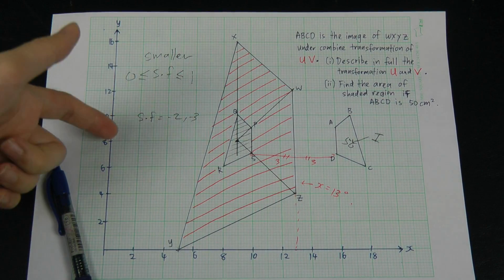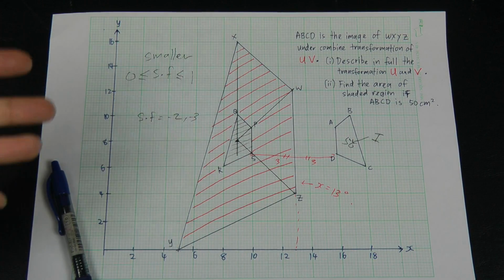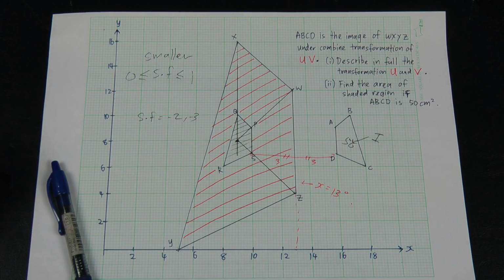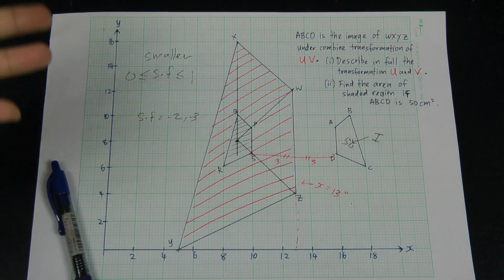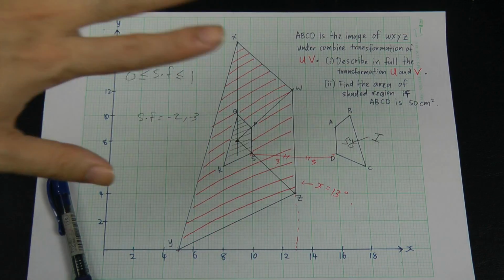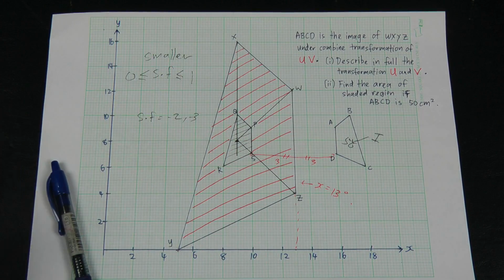If you got the skew factor -2 or -3, it doesn't mean the image becomes smaller. It just means it's enlarged, but then the object will reflect, I mean in the opposite direction. You can check out my enlargement video, where I explain the meaning of negative in the skew factor.